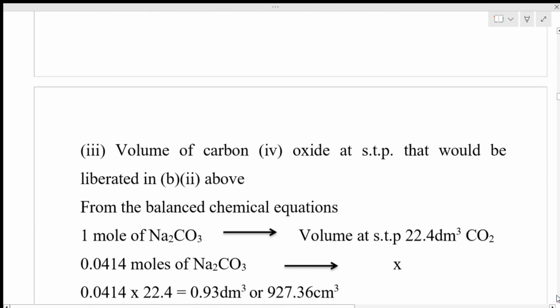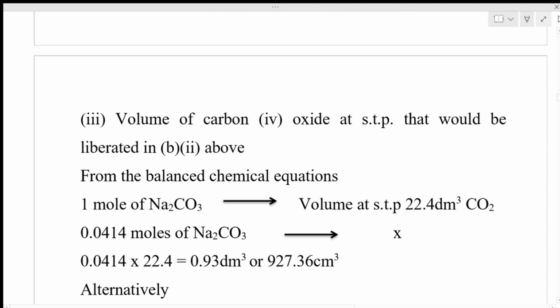I hope you are following. Good. So let's check the next answer: the volume of carbon dioxide liberated at STP in the above equation. From the equation, you already know that 1 mole of this one gives us this. So you can relate mole to volume.